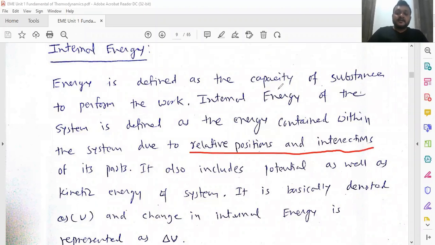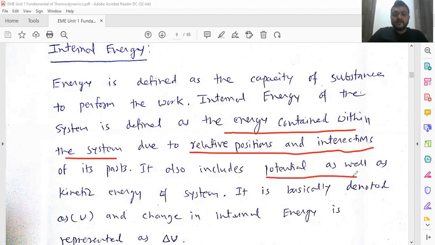So internal energy is defined as the capacity of the substance to perform work. Internal energy of the system is the energy contained within the system itself, and that energy is only due to relative motion, relative position, or interatomic interaction between the parts of the system. So internal energy is of two kinds: either potential energy in a steady position or kinetic energy in a moving position.